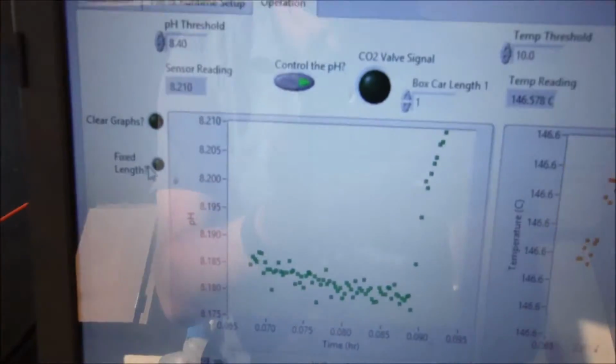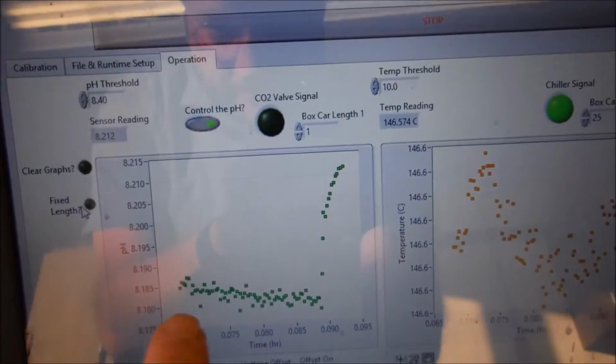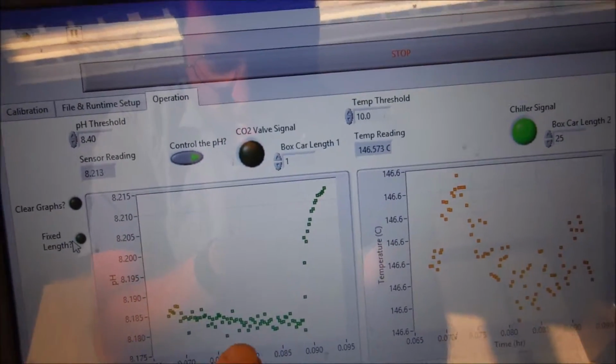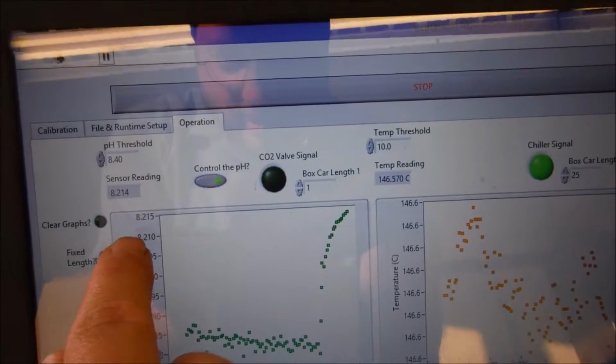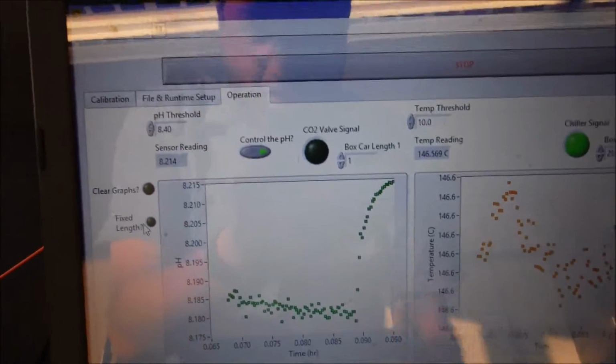And what we see here is, no, it's actually jumped way up. It's jumped from about 8.18 to 8.21. A couple hundredths, which might not seem like a lot, but for what we're doing, that's an incredibly large amount. This is the exact same water, and it jumped up 2 hundredths.